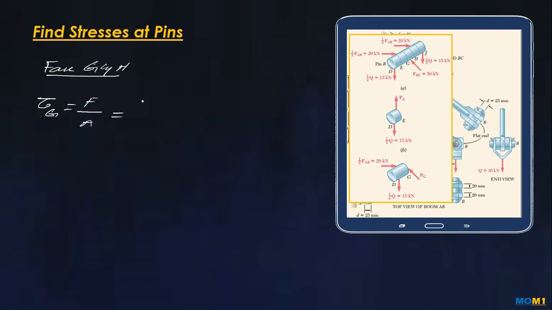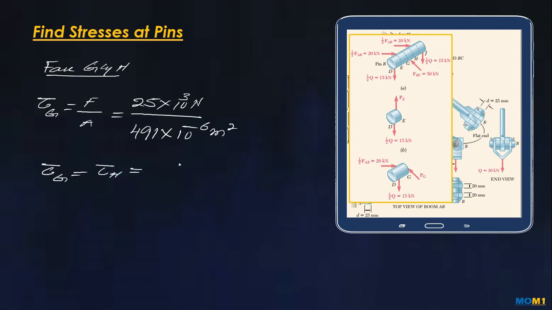Now here the force is 25 into 10 raised power 3 Newton upon the same area, 491 into 10 raised power minus 6 meters square. So tau G is equal to tau H, going to be 50.9 megapascal.